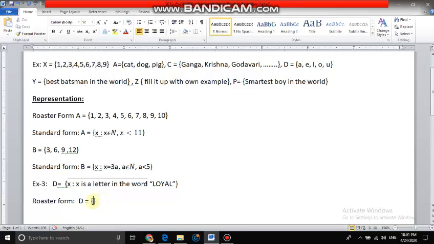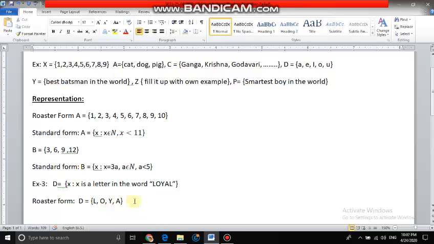So here I have to write the letters in loyal: L, O, Y, A. Now you may ask, there is another L, should I write it? No. Here L is repeating twice, but when I write in the roster form, you need not write it twice because L is already written here. That is enough. So this is the roster form of example 3.